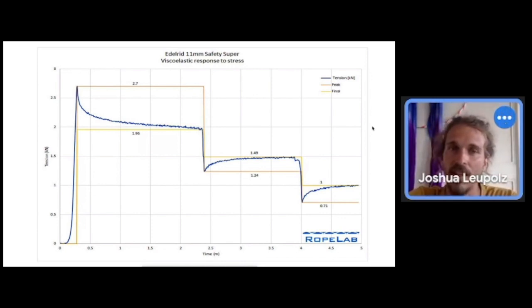So you have the opposite effect actually. If you have a high tension line and you release it, then it will tighten up afterwards again. This happens multiple times and can have quite a big impact. So if you go down to 0.7 kilonewton, it goes back up to 1 kilonewton. And I think there are a few interesting takeaways from this while rigging.